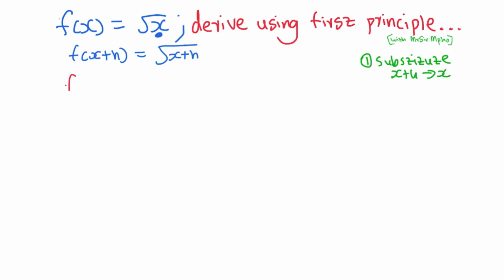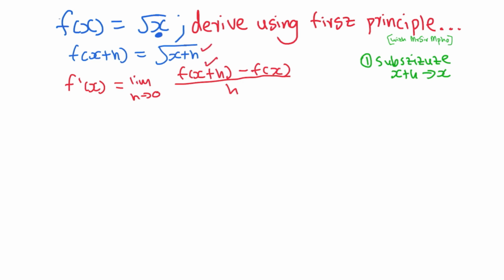The formula is f prime of x is equal to the limit as h approaches 0 of f of x plus h minus f of x, all over h, right? Now, what is my f of x plus h? It's this one. And what's my f of x? It's the question.